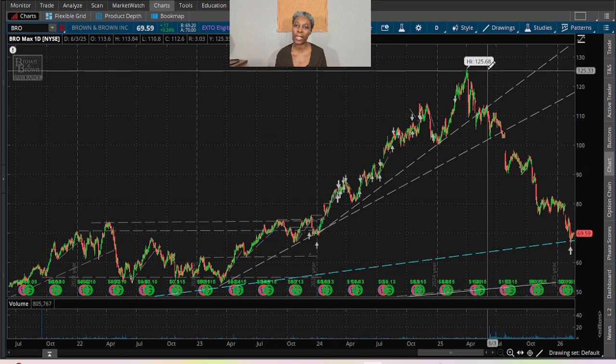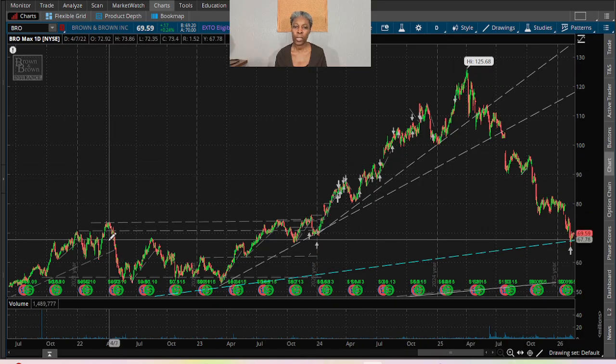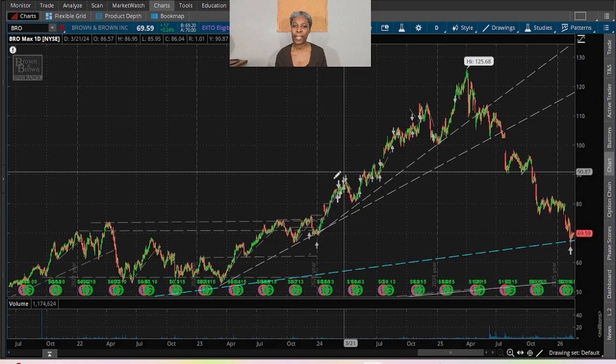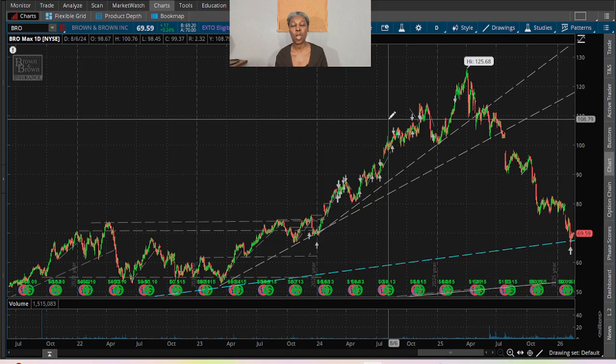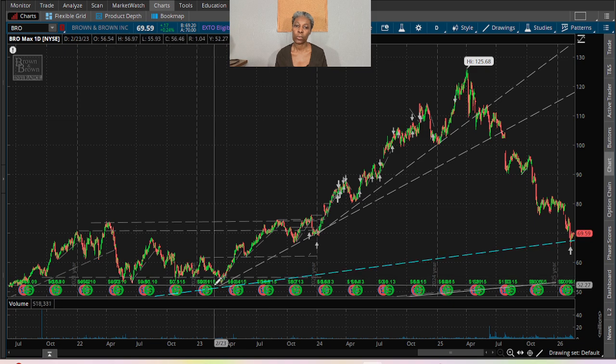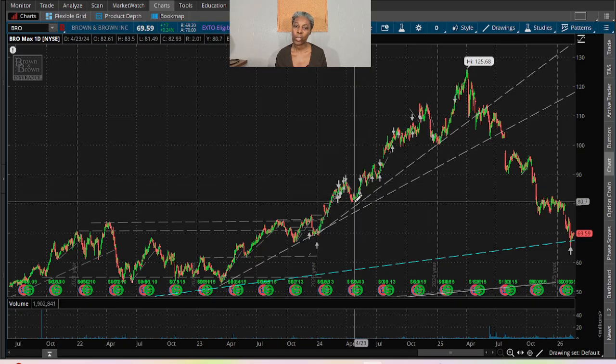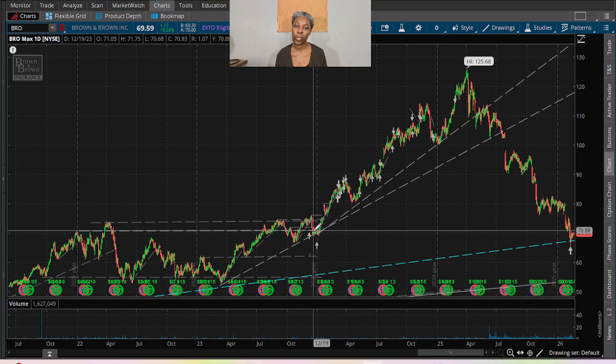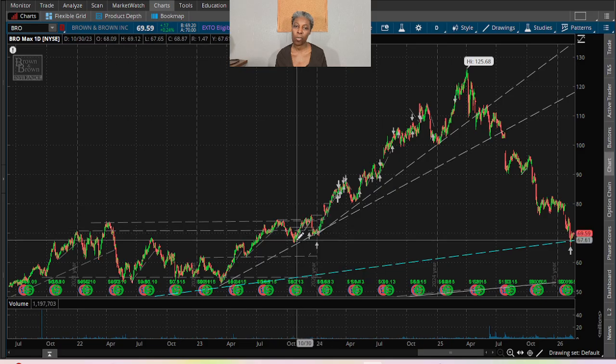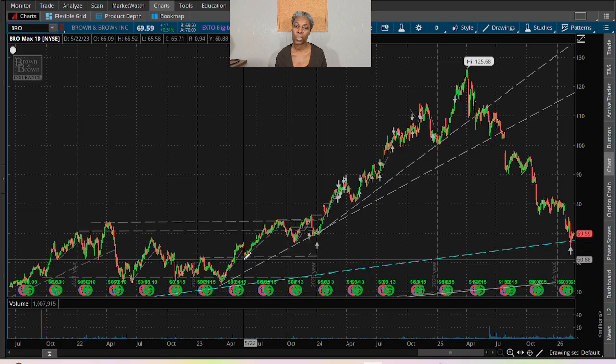When we are looking at this mountain, the left side of the mountain is upward. So because it's upward, you are going to have higher lows there. So this low is higher than this one, which is higher than this one, which is higher than this one, which is higher than this one, which is higher than this one.